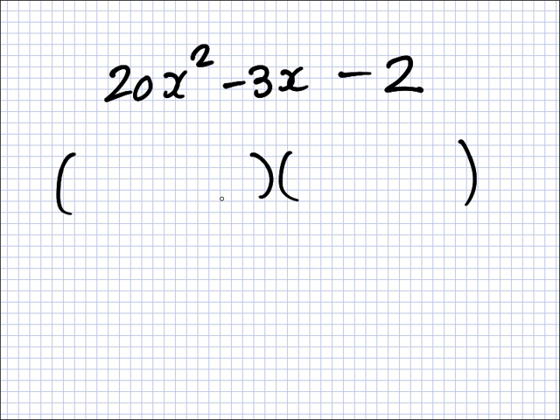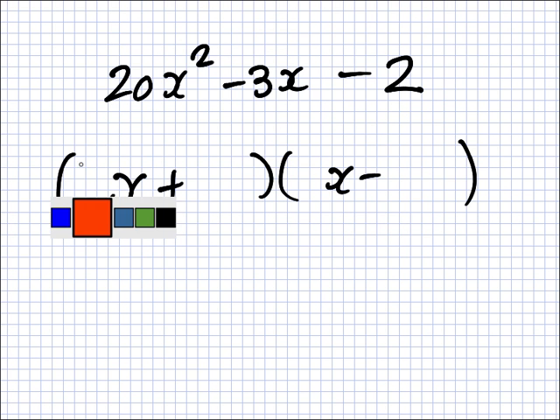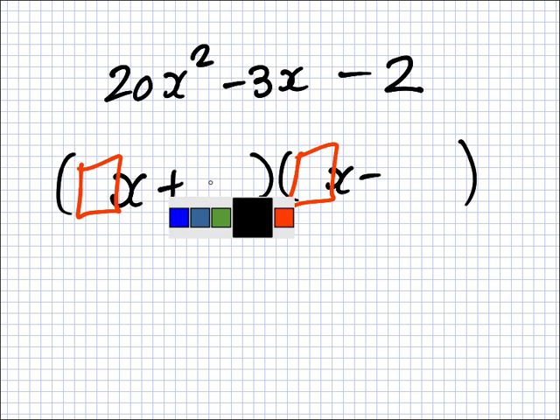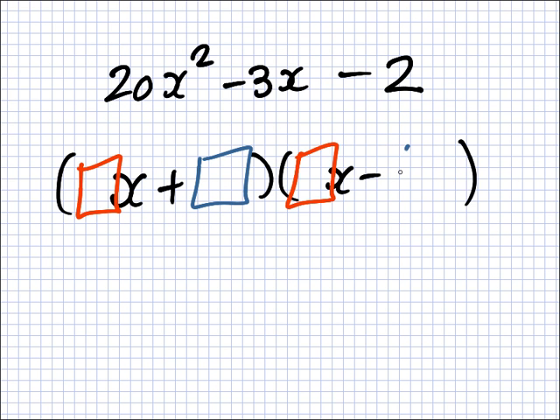Okay, so one of them has to be a plus and the other one has to be a minus. We need two numbers here, and we need a number here and here. Well, 2 is good. It can only be 2 and 1, or 1 and 2, so that's helpful.